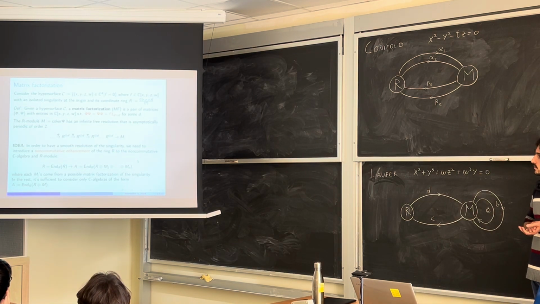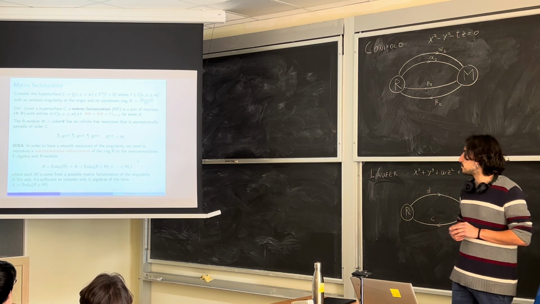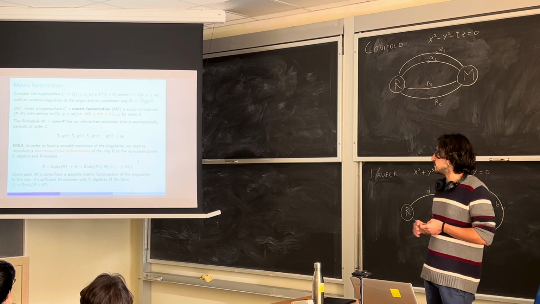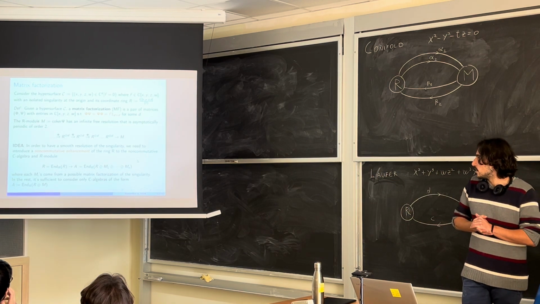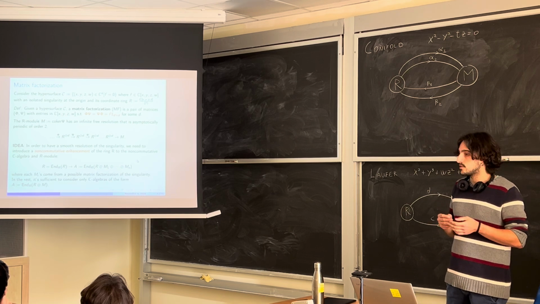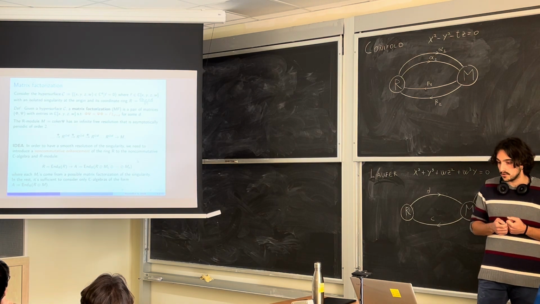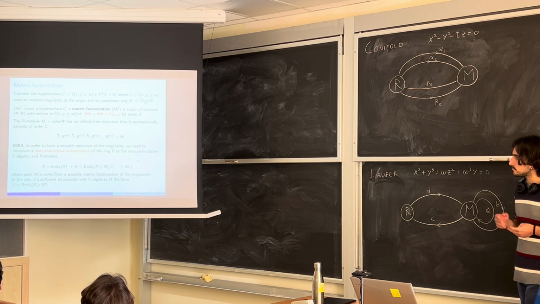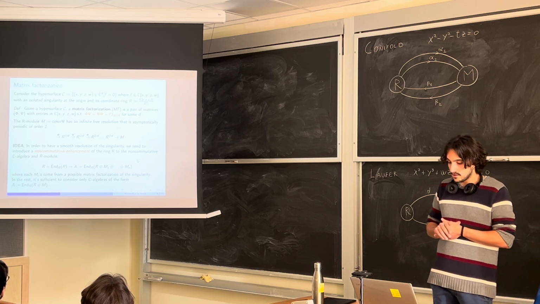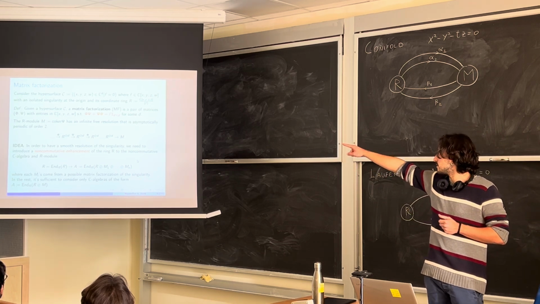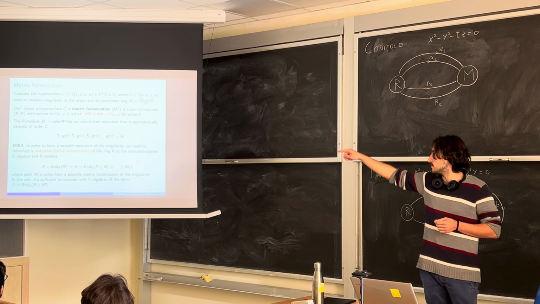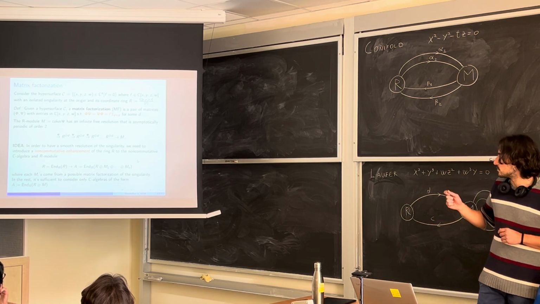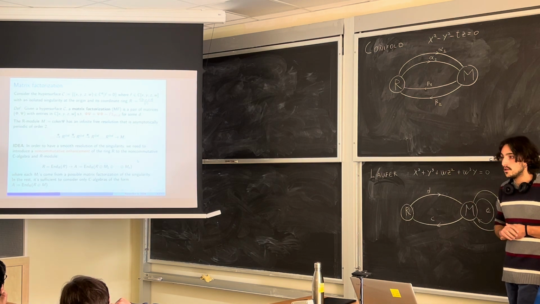So matrix factorization is a procedure that starts from a hypersurface in C4, given by the zero locus of a polynomial, and we can associate to this hypersurface two matrices that satisfy the relation highlighted in red. They commute, and their product is proportional to the identity.